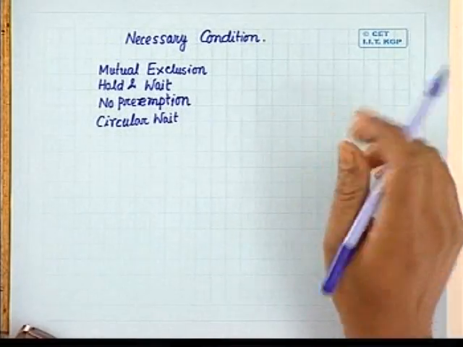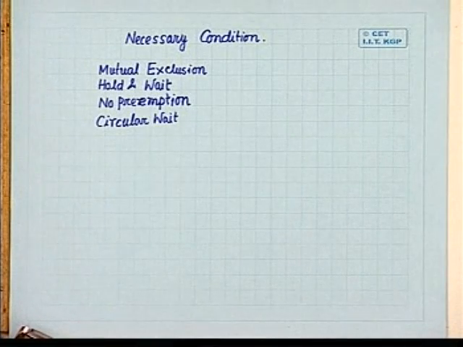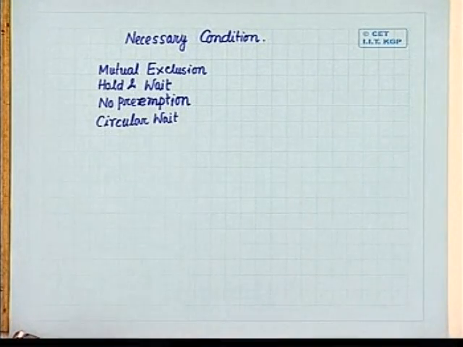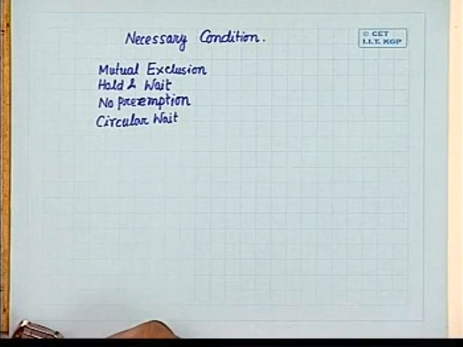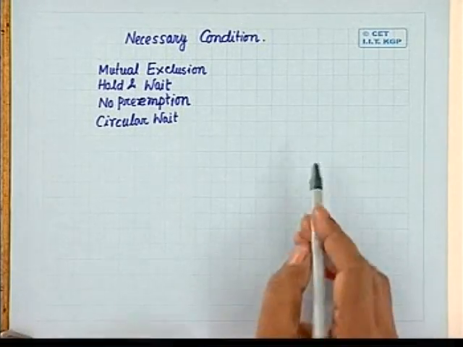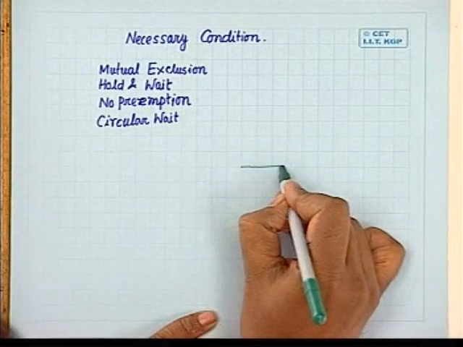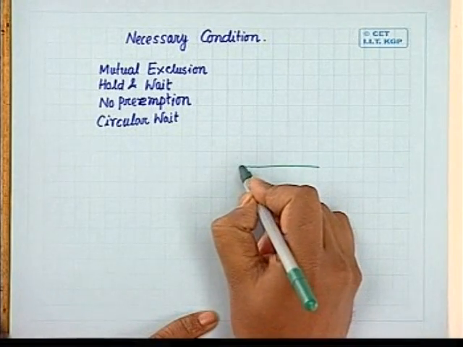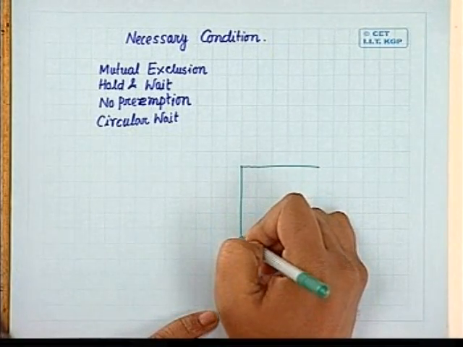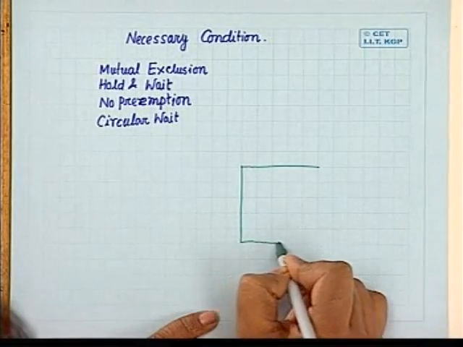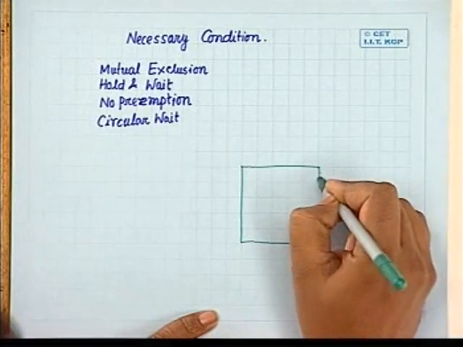And there is a nice example which illustrates the existence of all these four conditions, and we can have a deadlock situation like this. Suppose we have four roads like this.